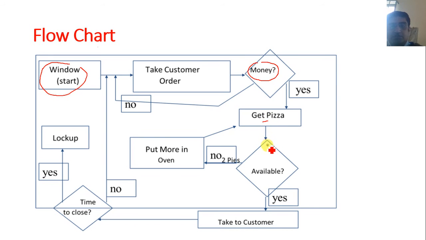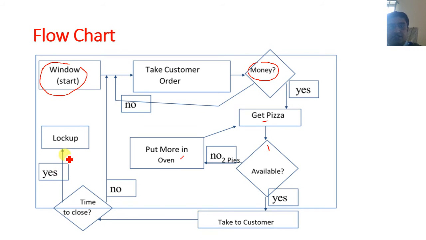First of all, you have to check the availability of that pizza. If yes, then give it to the customer, and if no, then you have to put more pizza in the oven, and after that you have to get the pizza and then give it to the customer. Afterward, check whether it is closing time or not.